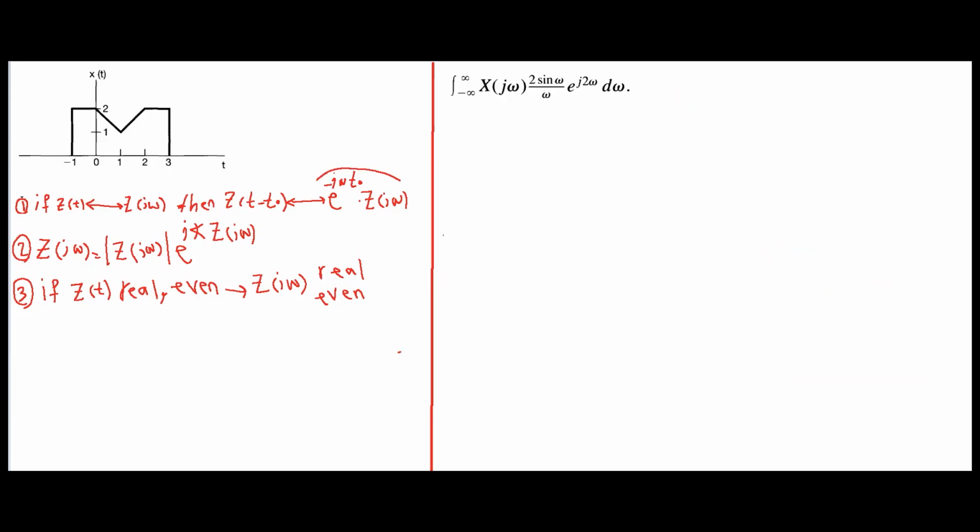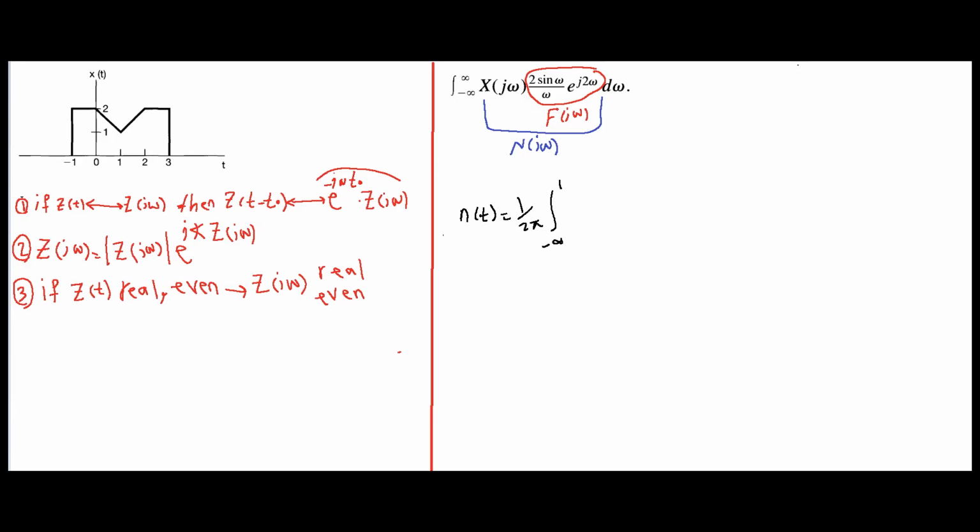The next part of the question asks us to compute this integral. To compute the integral, we first consider 2 sin(ω) divided by ω multiplied by e^(j2ω) as F(jω). Then we consider the product of X(jω) and F(jω) as N(jω).